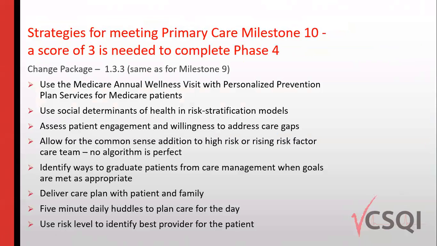All right, so this is relating to the same package Debbie reviewed earlier, milestone 9. I'm not going to reread this milestone or this change packet, but this is relating to change packet 1.3.3. So I'm just going to dive into a couple of examples to show you how this milestone can be applied to a primary care practice.